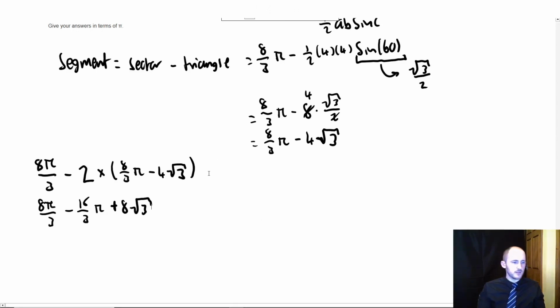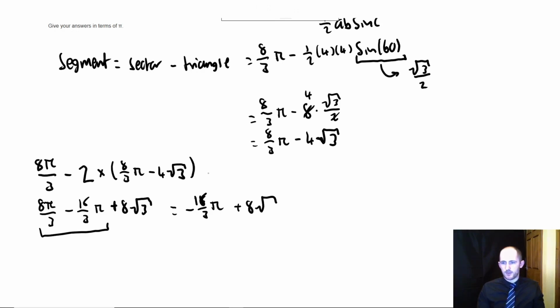No, I shouldn't have. So 4 root 3, that's all fine. So this is going to be negative, right? It's going to give me minus 16 over 3 pi, plus 8 root 3. So my answer is just going to be 8 root 3 minus 16 over 3 pi.